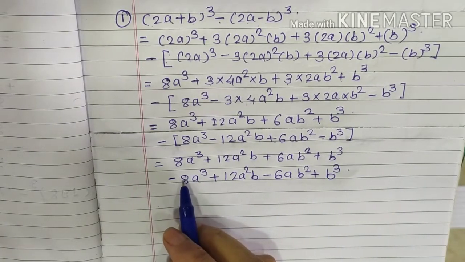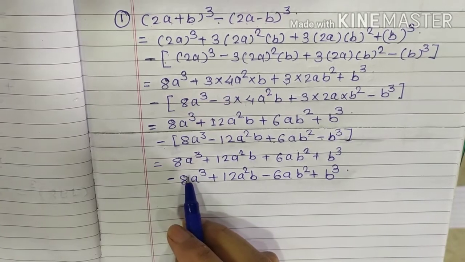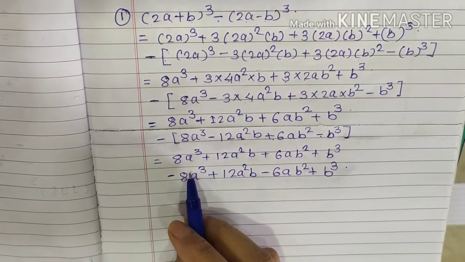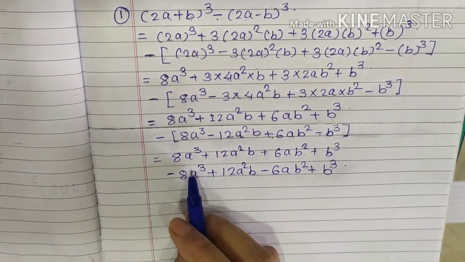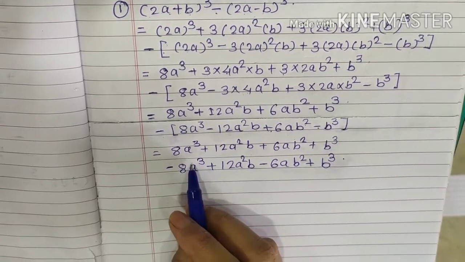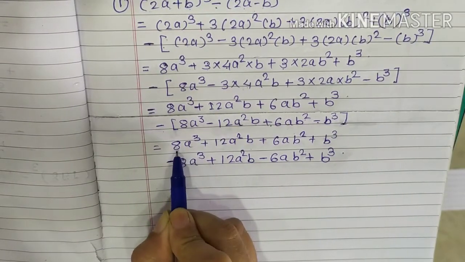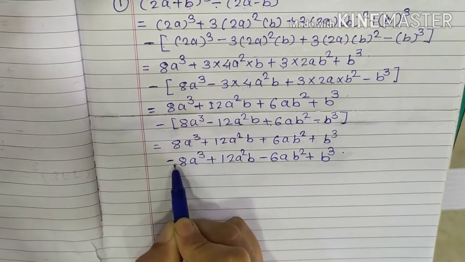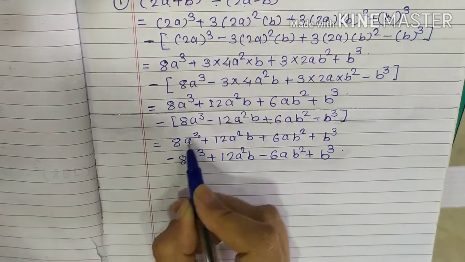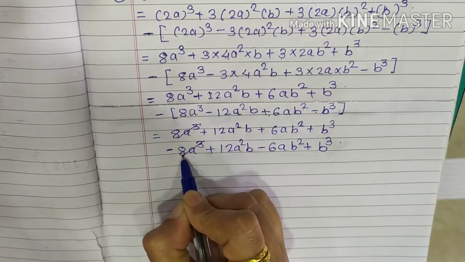Hence, we get like and unlike terms. So let's see which terms get cancelled. First, 8a cube and minus 8a cube cancel each other because of opposite signs.